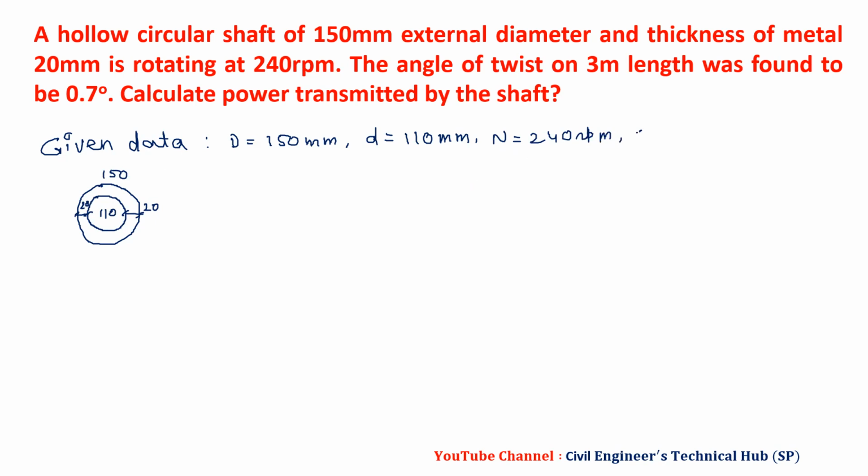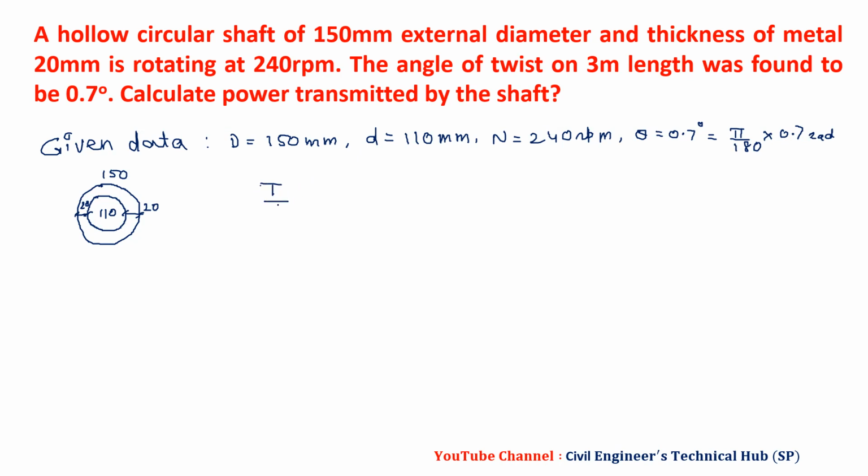Then we have given L 3 meters. Theta is 0.7 degrees, so pi by 180 into 0.7 radians. Calculate power transmitted. So first we have to find T, and we have a hollow shaft.